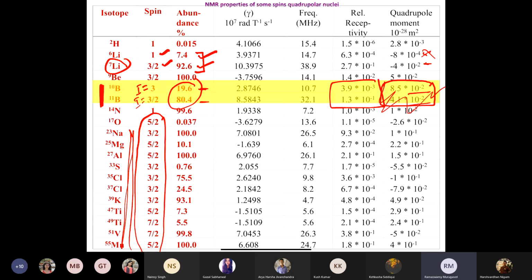It's 0.001 or 0.0003. 1.3 times 10 to the power minus 1 is nothing but 0.13. And this is 0.0039. This is not 0, it is still positive. Yeah, a very small number.